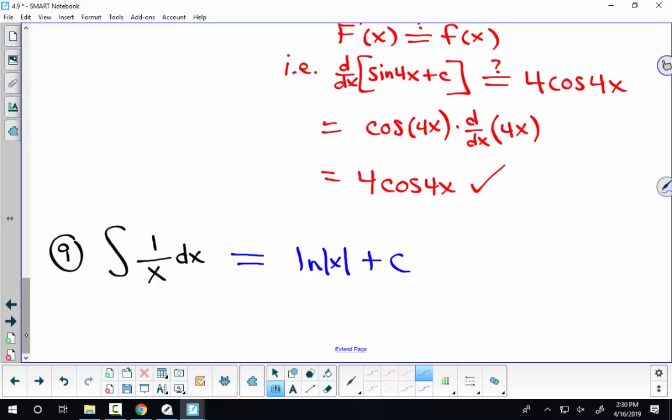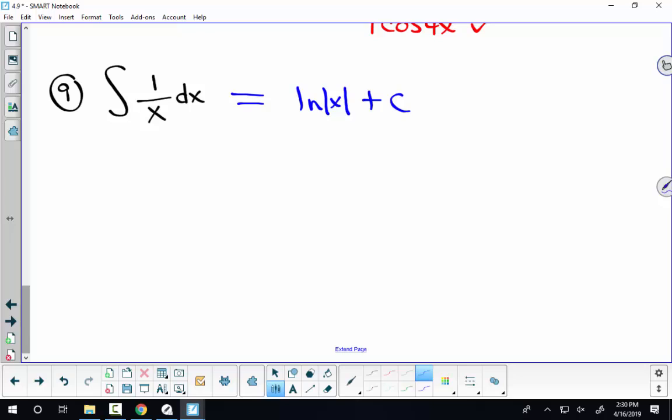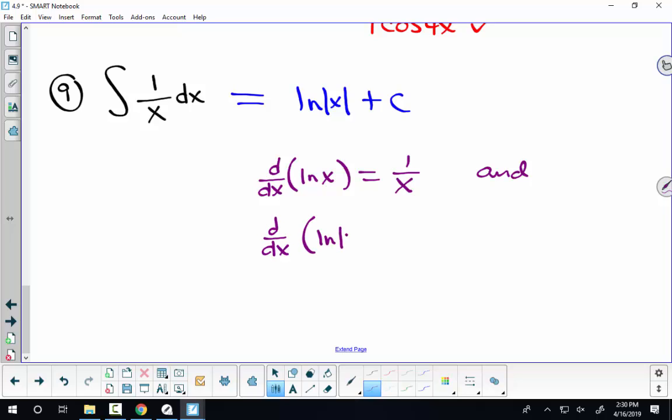The reason for that is because they have the same derivative. The derivative of the ln of x is 1 over x, and the derivative of the natural log of the absolute value is also 1 over x.